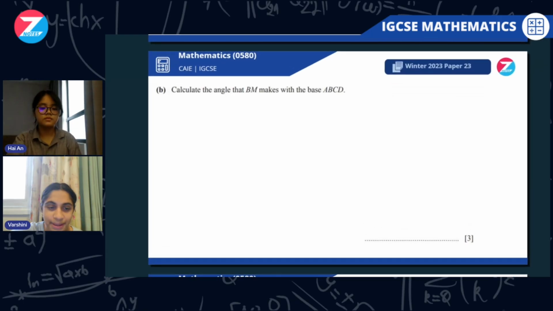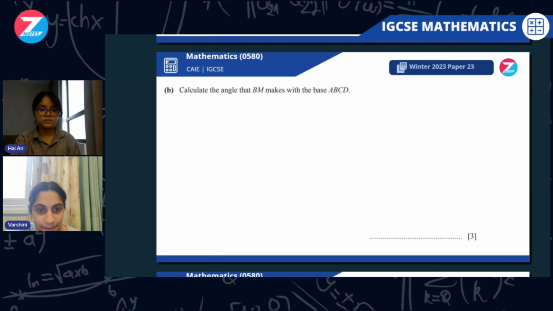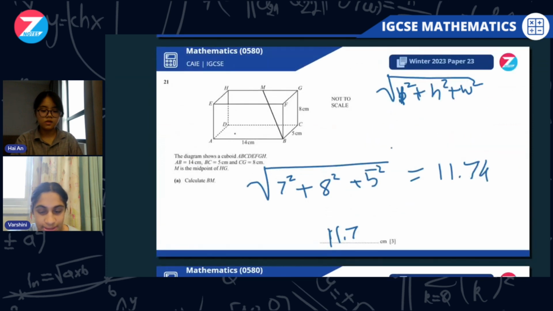Okay, part B, calculate the angle that BM makes with the base ABCD. So this is the line BM that we just found, and we want the angle between this line and this base.